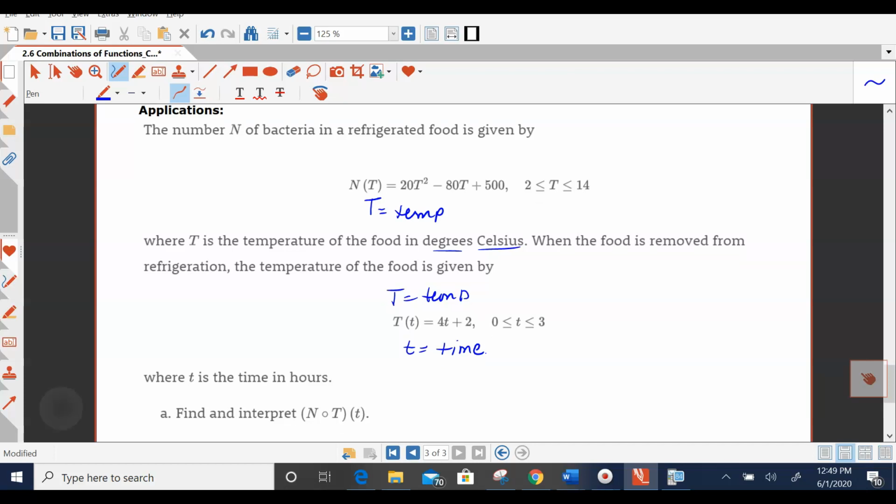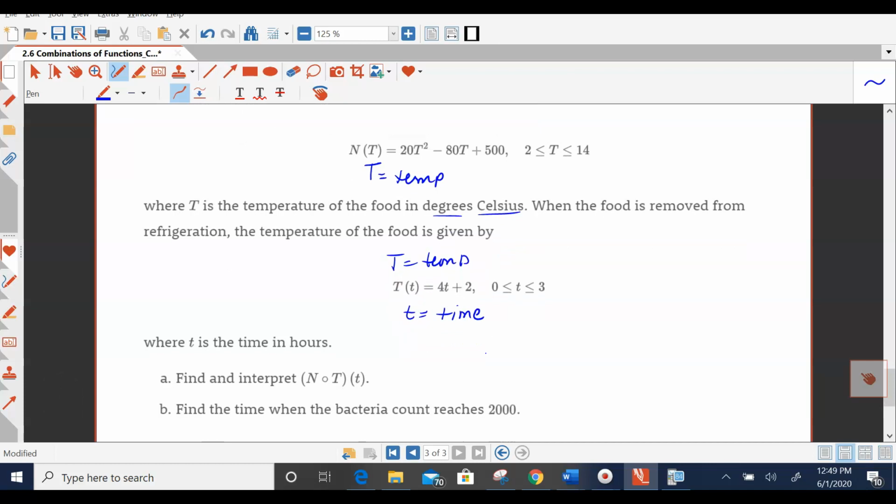Now, we want to find N circle T of little t. So we want to find a composition, capital N parenthesis capital T of little t. We're going to take the second function and put it into the first function everywhere we have a t. So it's a composition.